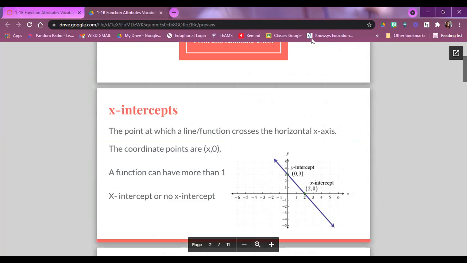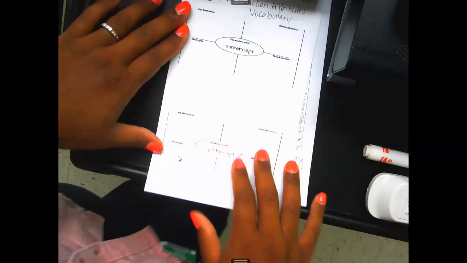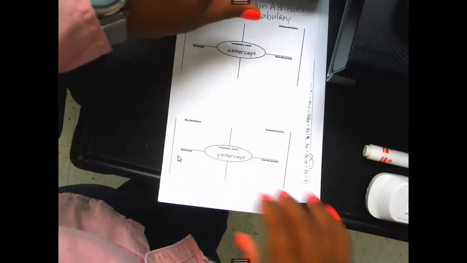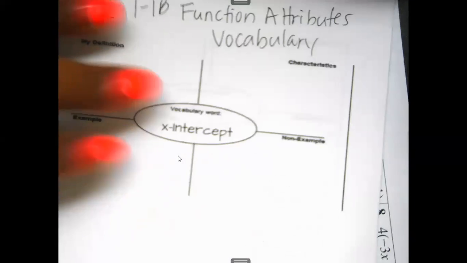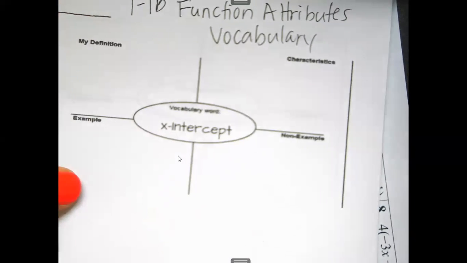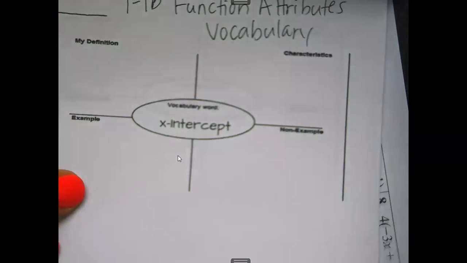So if we look right here, this is what you have, right? So for x-intercept, I would read the definition for x-intercept. Y'all see? Okay. So I would read the definition for x-intercept, and in my words, I'm going to write what I think it may mean.